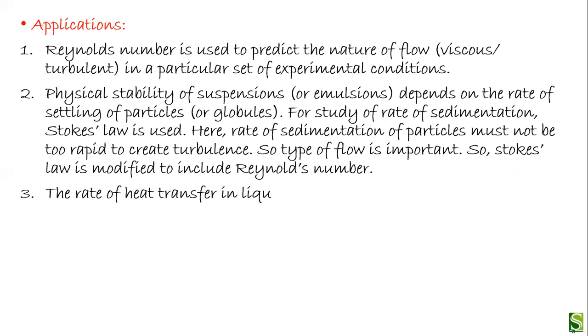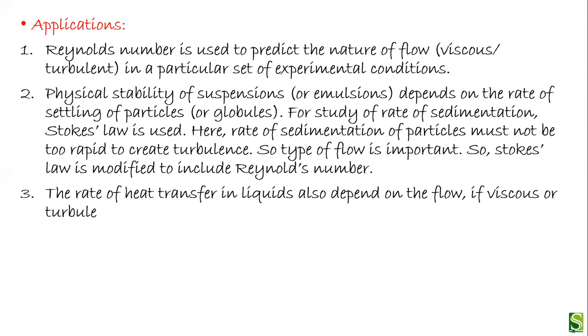For study of rate of sedimentation, Stokes' law is used. Here the rate of sedimentation of a particle must not be too rapid to create turbulence. So the type of flow is very important, and hence Stokes' law is modified to include the Reynolds number. The rate of heat transfer in liquids also depends on whether the flow is viscous or turbulent.